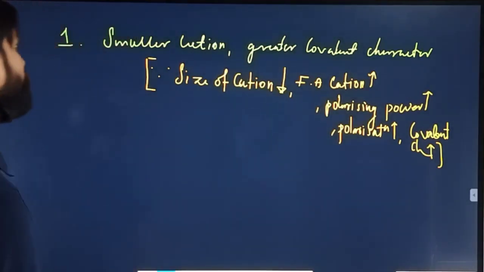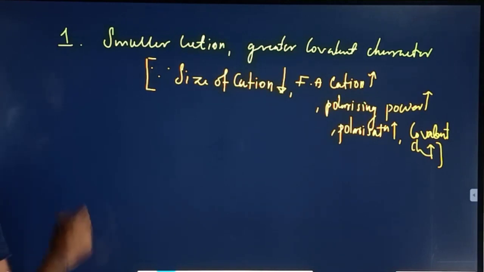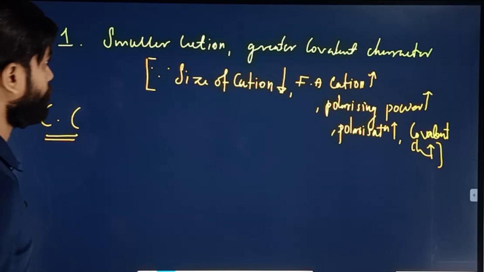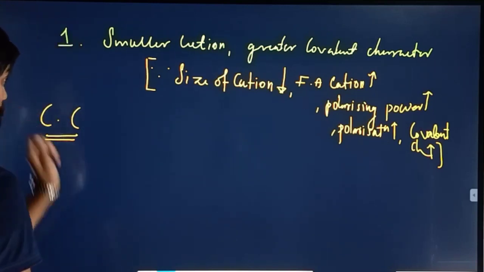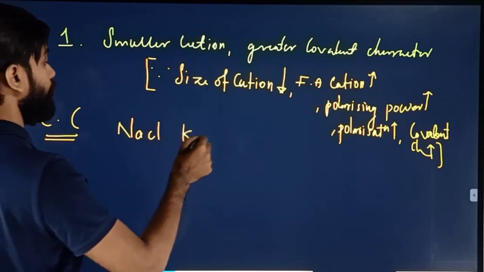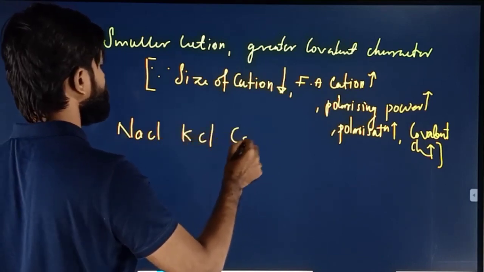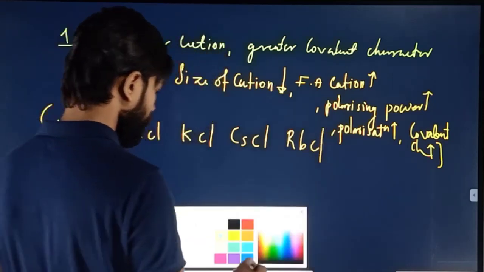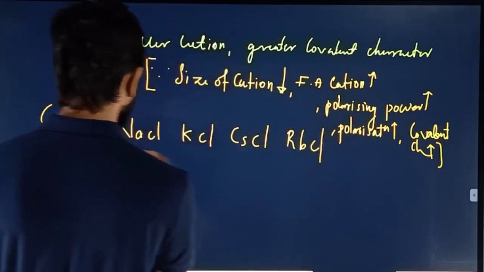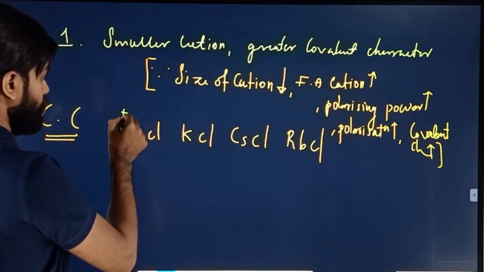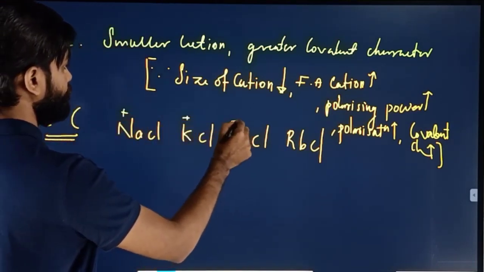So let me give an example. Let me see the covalent character of the following: NaCl, KCl, CsCl, RbCl. Here all anions are the same, and the charge of the anion is also the same.